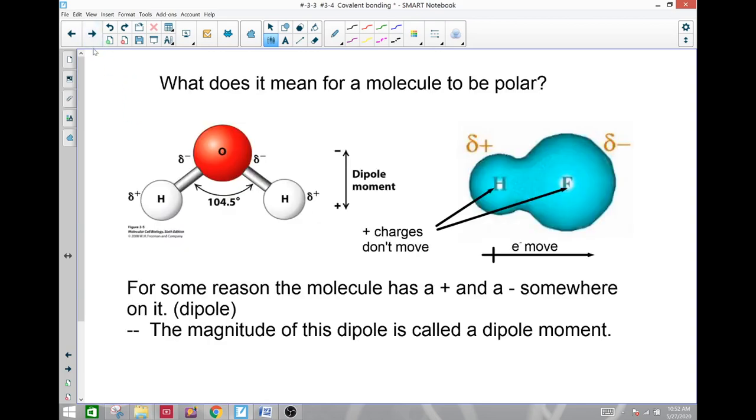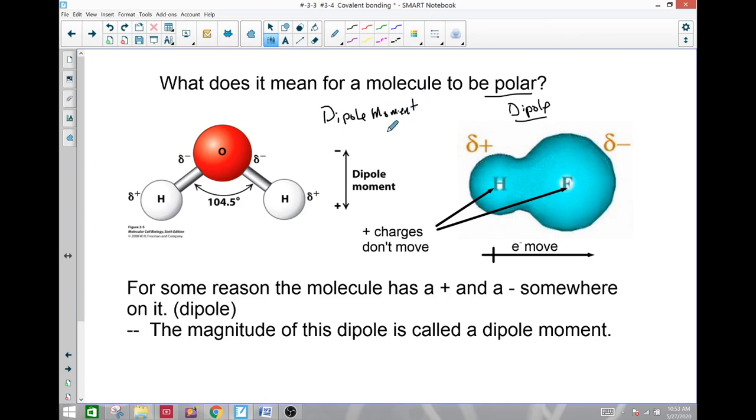All right, so next, what does it mean to be polar? This is a term, we already used the term dipole. So what does it mean to be polar? Anytime you have a dipole, we say it's polar. Another name for this would be a dipole moment.